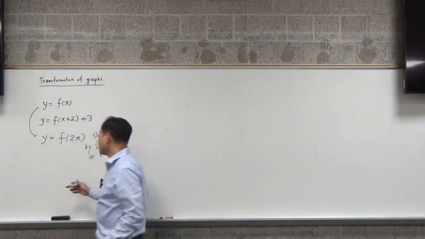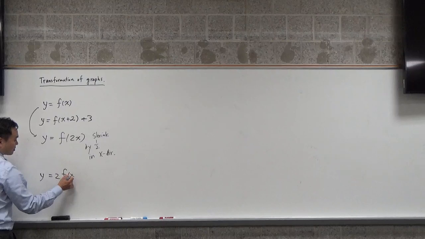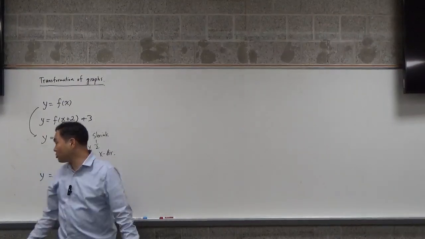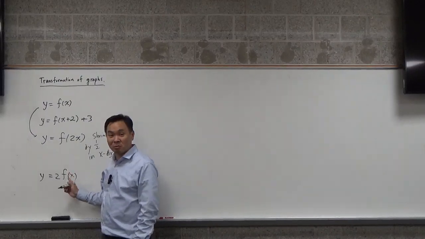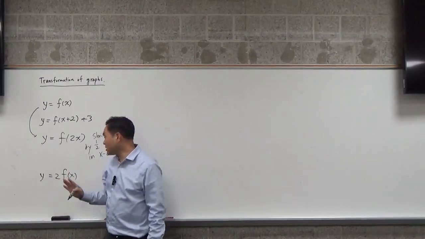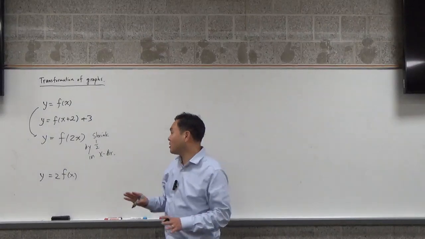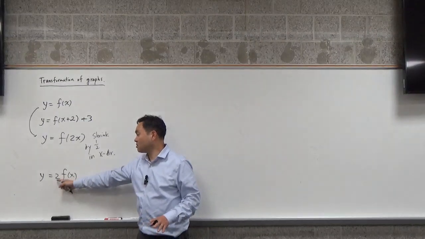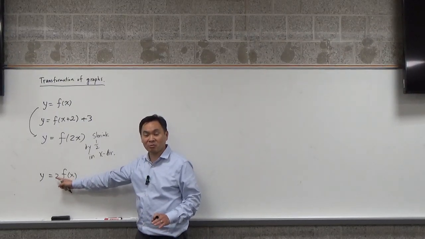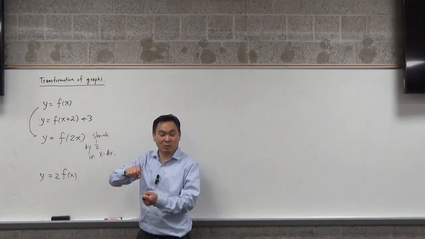Okay. But what if you have y equals 2 times f of x? Well, this 2 is not a replacement of x. This 2 is being multiplied to the function, right? Anything that's done to the function, it would make the graph behave as what you're doing to the function, right? So this is going to expand, except now you have to figure out if it's the horizontal direction or the vertical direction.